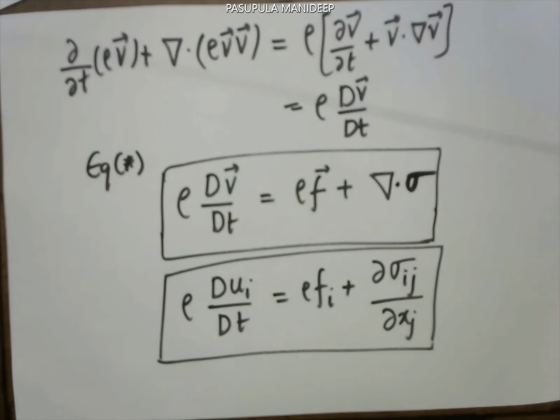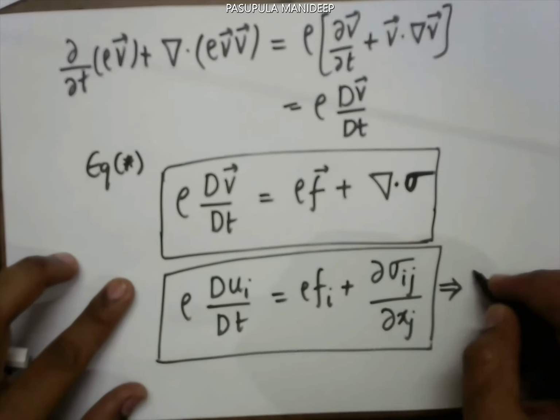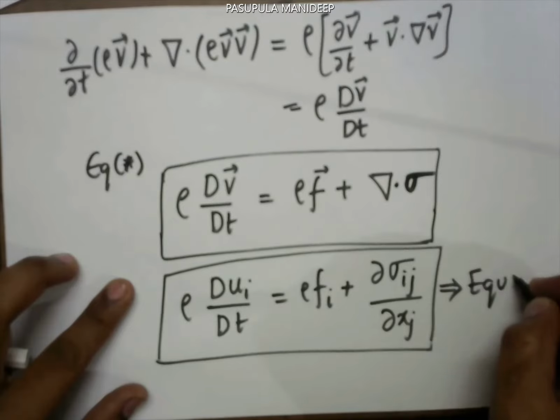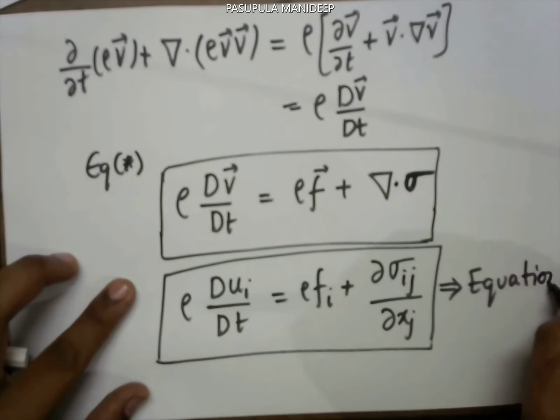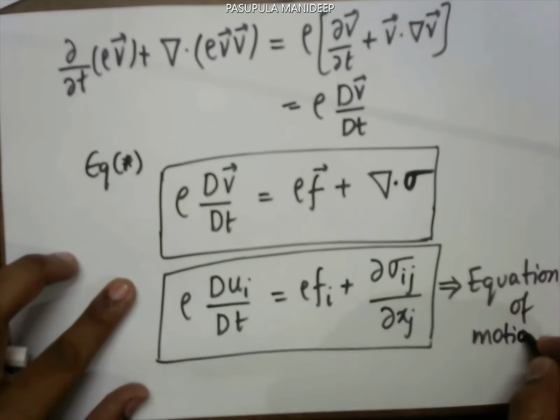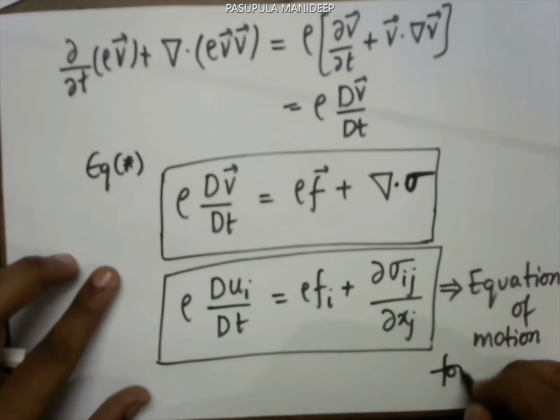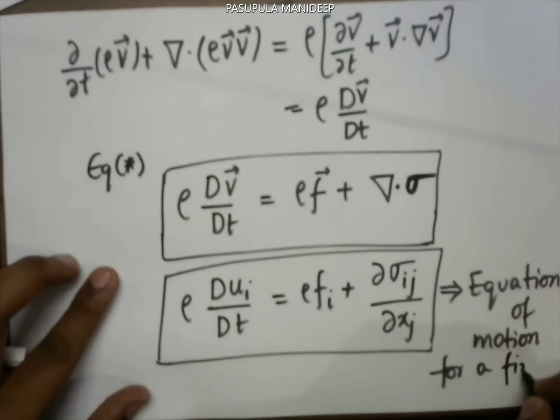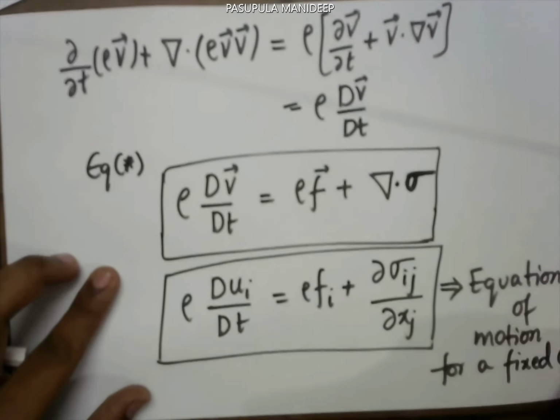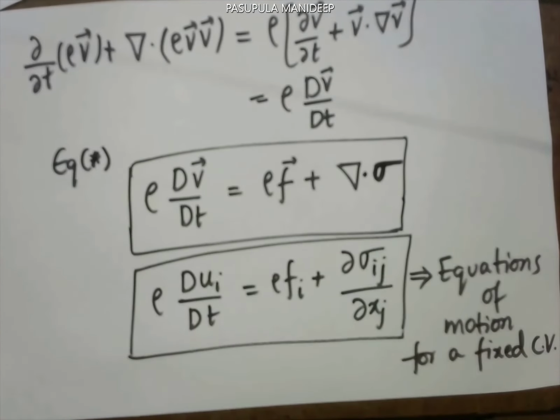Okay, now these are the equations of motion for a fixed control volume.